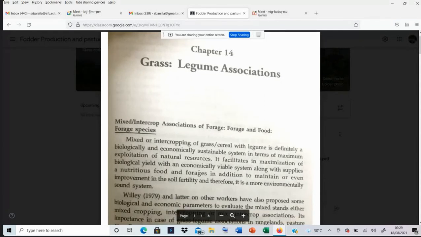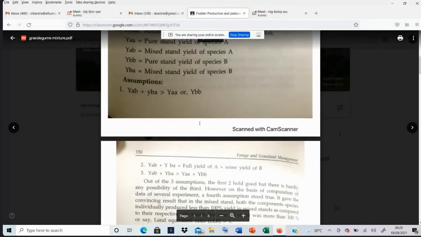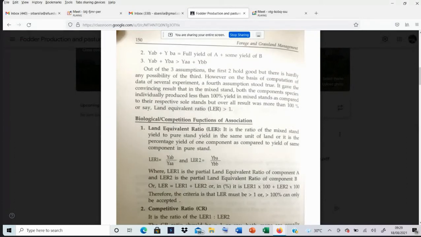Then if we go to association, we need to measure it, so we use some biological functions of association. One is the land equivalent ratio. It is a simple ratio of monocrop to mixed crop, okay?